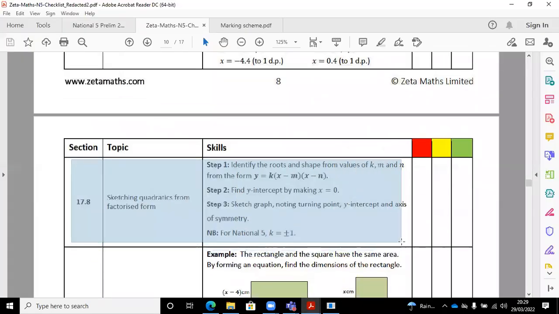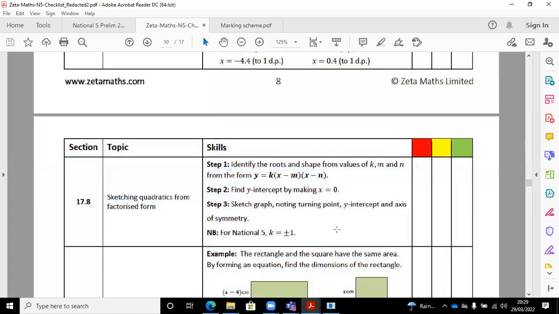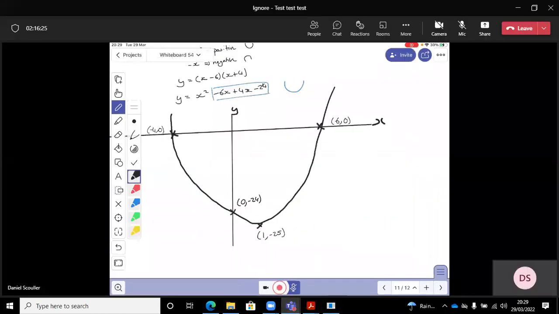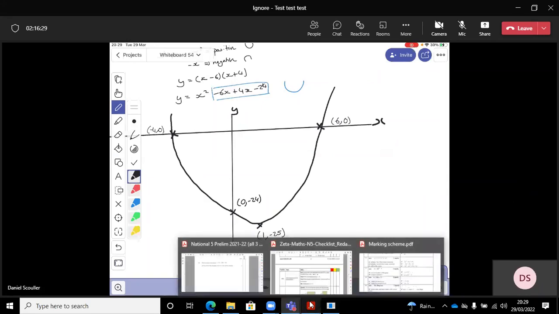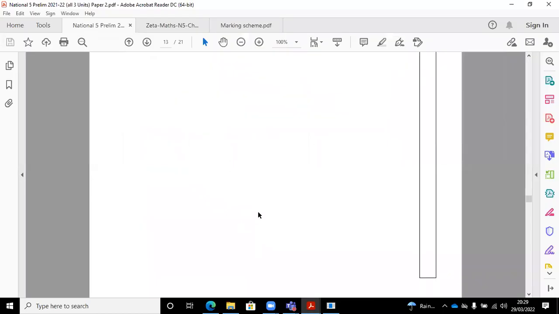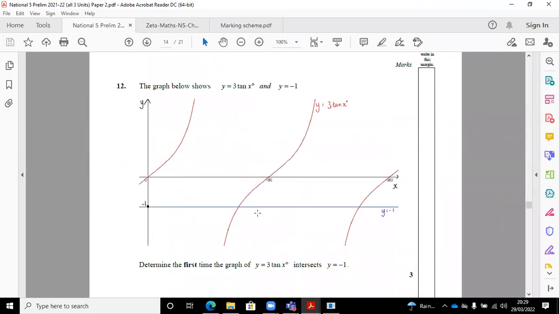Okay, 17.8. Two more questions in the calc. This question was pretty catastrophic.